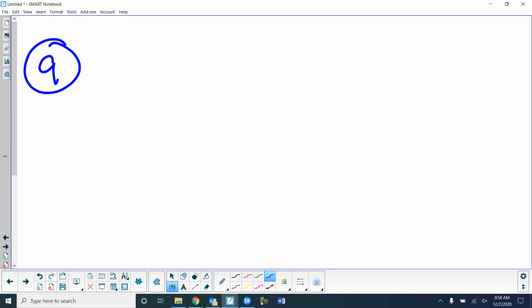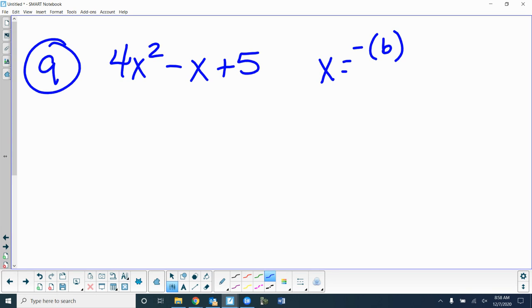Number 9, it says use the quadratic formula for this one. So make sure it's in the right order, which it is. Okay, so here's the quadratic formula again. Again, I always use the parentheses, that way you never mess up your signs. You're supposed to know this.